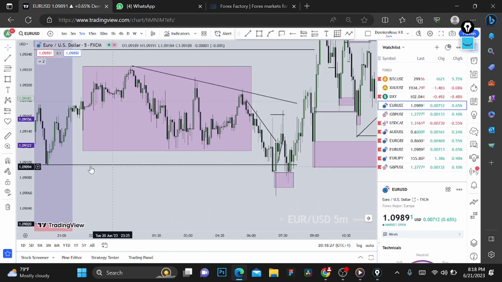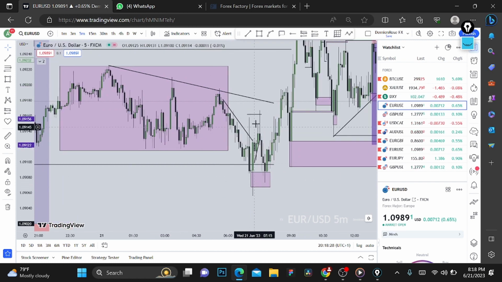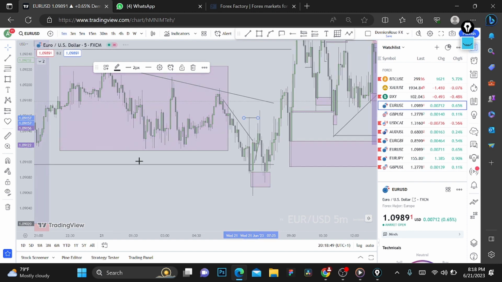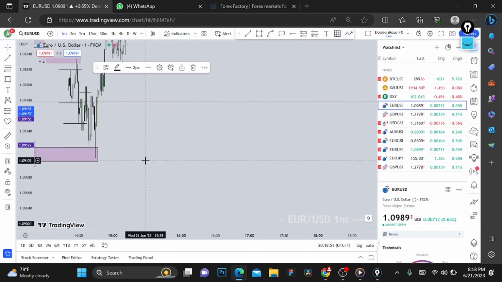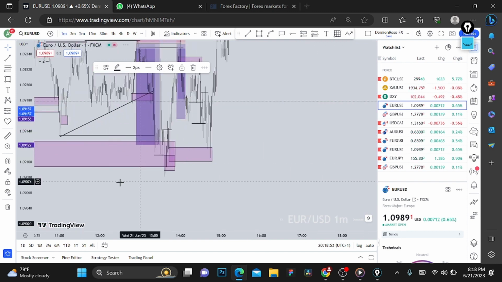Once the market took out this liquidity, we had a break of structure here. Then this is our London trade. During London by 8 o'clock my time, we know we have a trade there, and that's what you should have done.